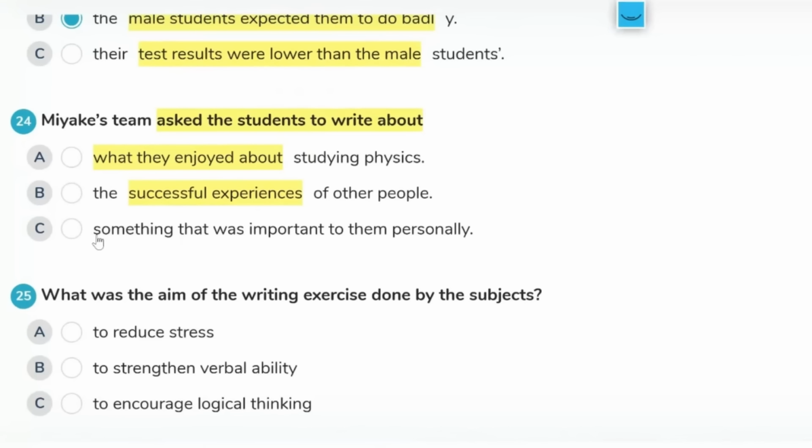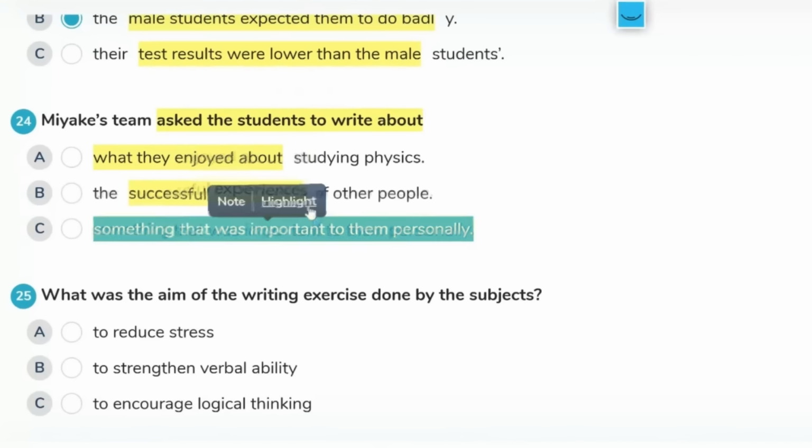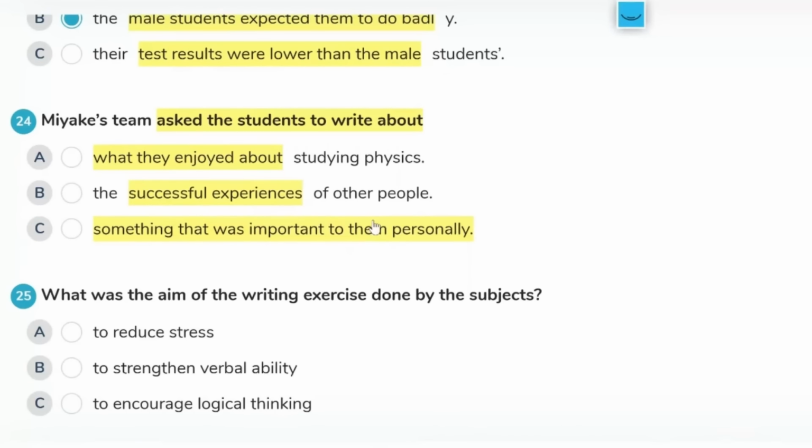Now, something that is important to us personally, it can be our hobbies, it can be our time pass, it can be something emotional and all that. Okay, the things we like and the things we love, they are important to us personally. Okay, what they enjoyed about studying physics, like they had fun while doing the practicals or anything like that. Okay, now I play the audio, please listen and answer.